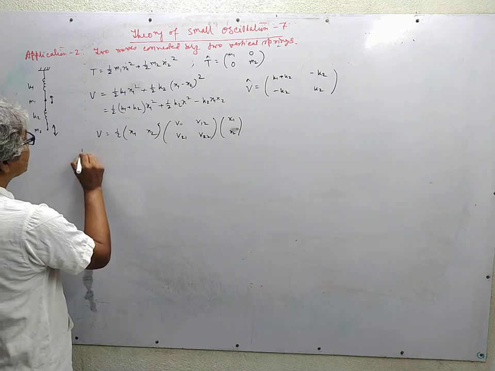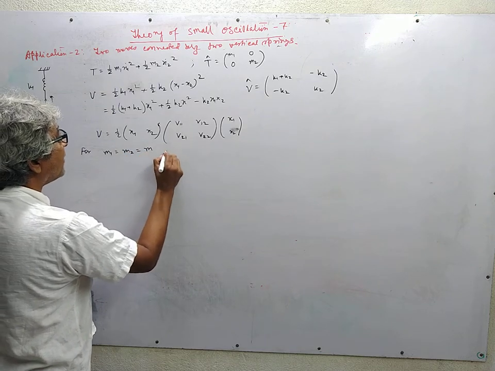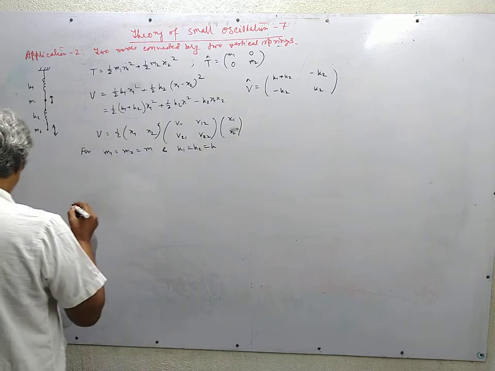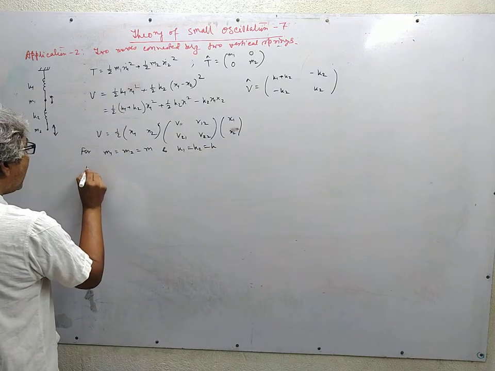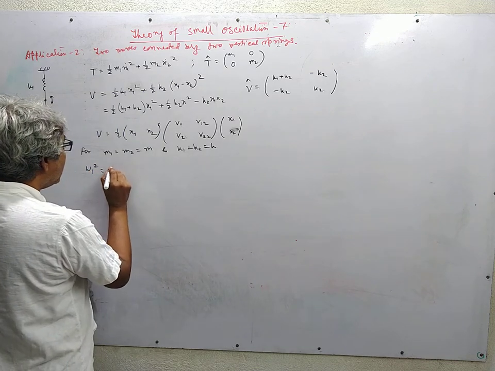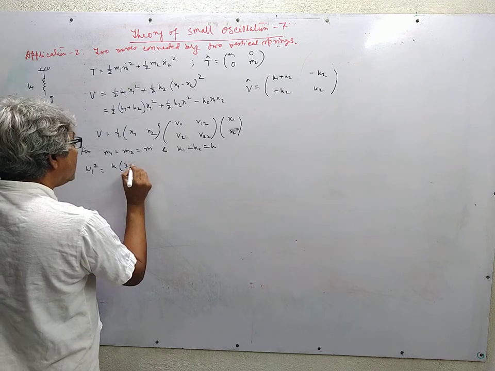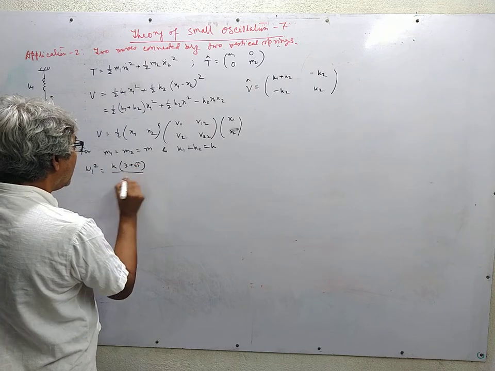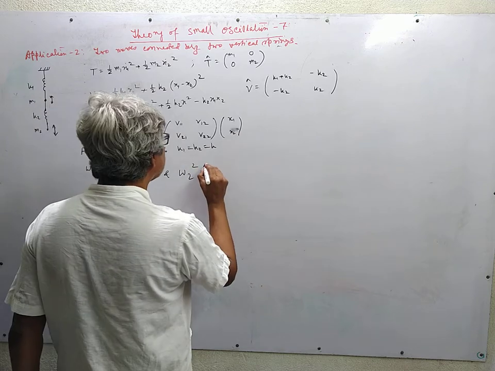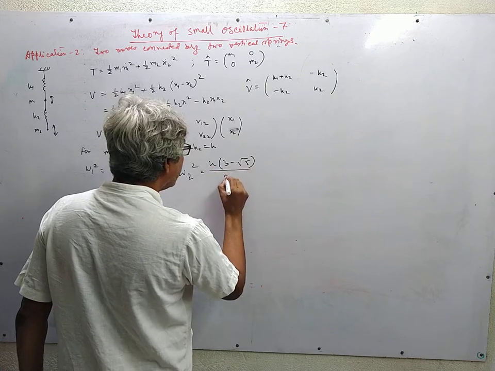To simplify the situation, for m1 equal to m2 equal to m, and k1 equal to k2 equal to k, we have the eigenfrequency omega 1 square is equal to k times (3 plus root 5) upon 2m, and omega 2 square is k times (3 minus root 5) upon 2m.